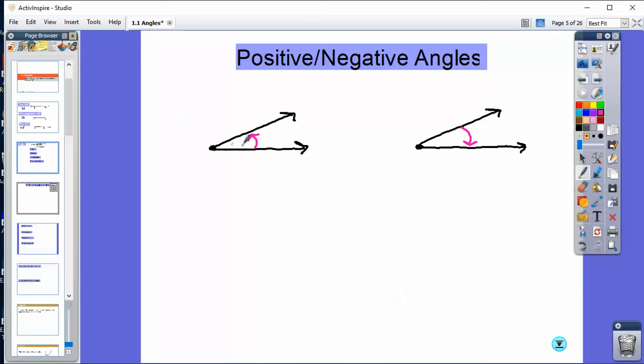This one is a positive angle. Is that turning clockwise or counterclockwise? Counterclockwise. So counterclockwise is a positive.